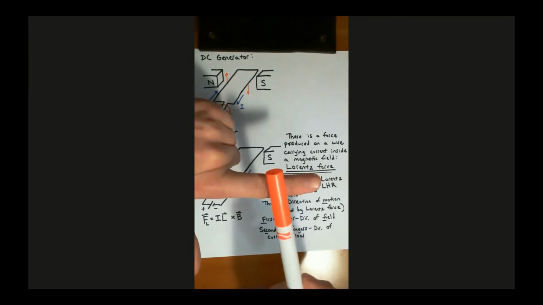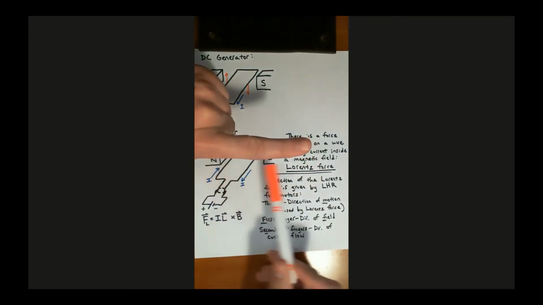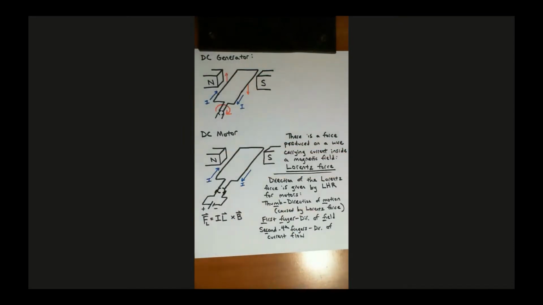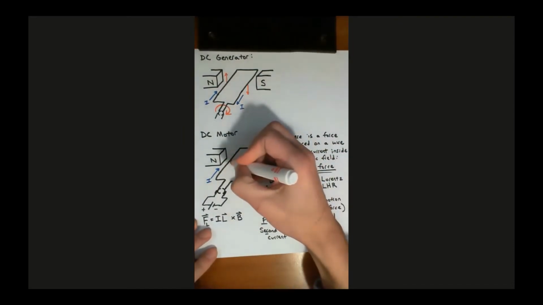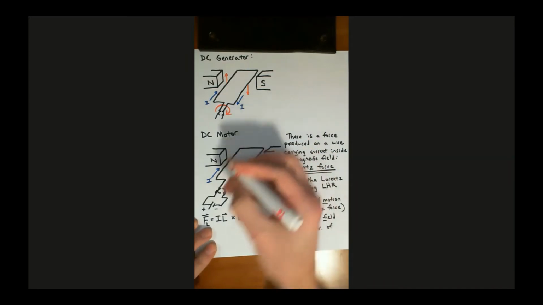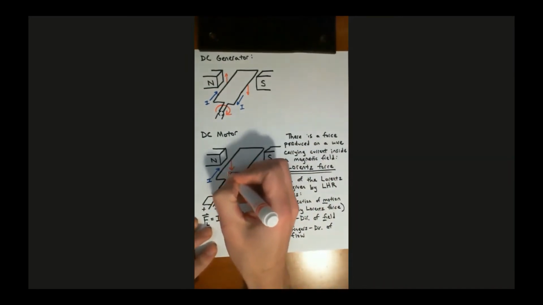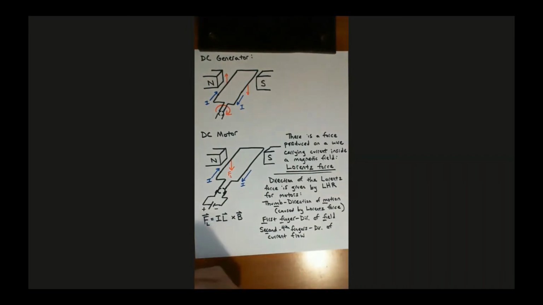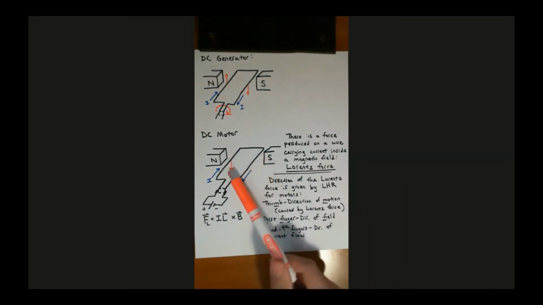My first finger is aligned with the field from left to right, and then you can see my thumb is pointing down. All right, so the direction of the Lorentz force, I'm going to go ahead and write it F sub L. That's the direction of the Lorentz force on the left side of the armature is pointing down.